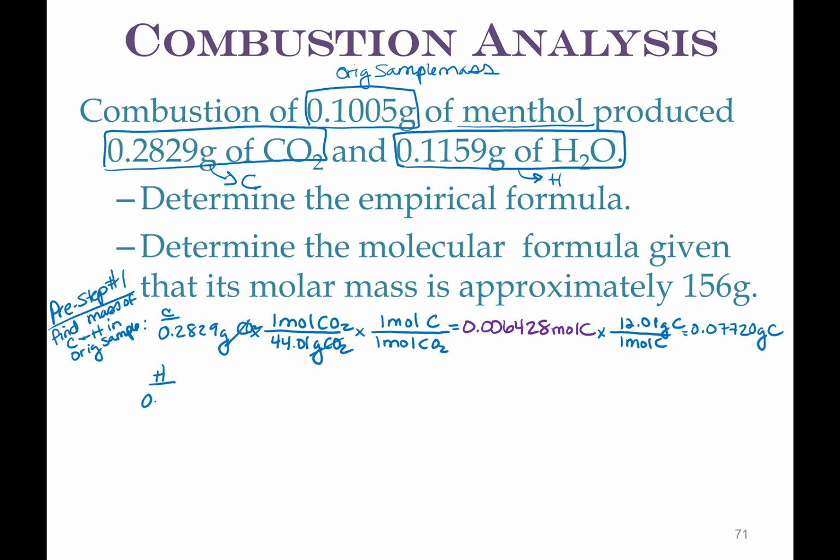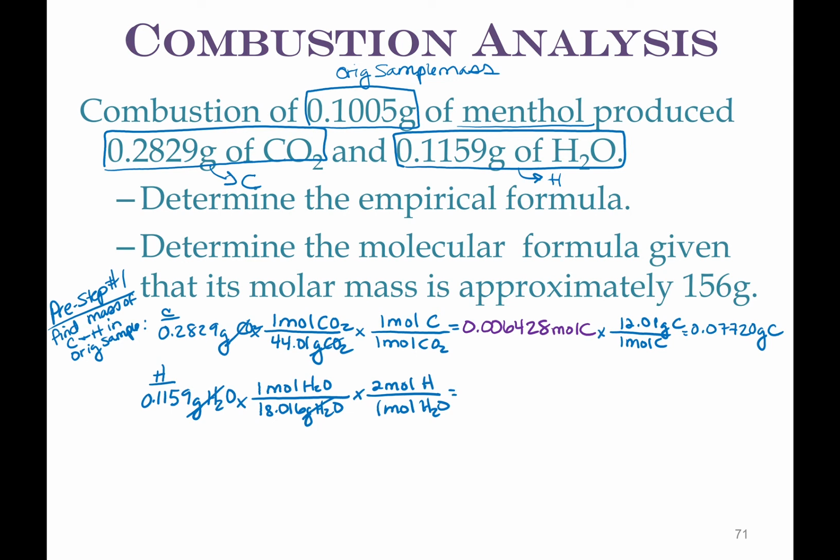All right, hydrogen, starting with 0.1159 grams of water that were produced, we can figure out how much hydrogen was in that. There are 18.016 grams of water for every 1 mole of water, and every 1 mole of water contains 2 moles of hydrogen.